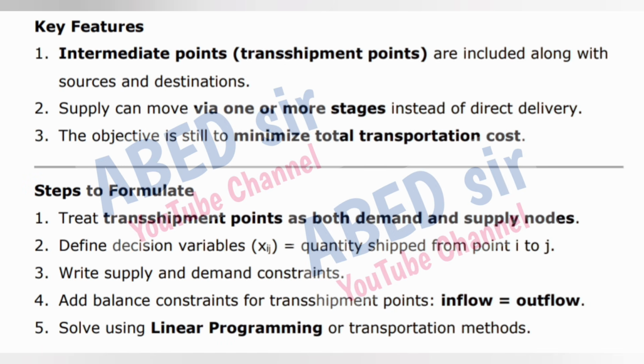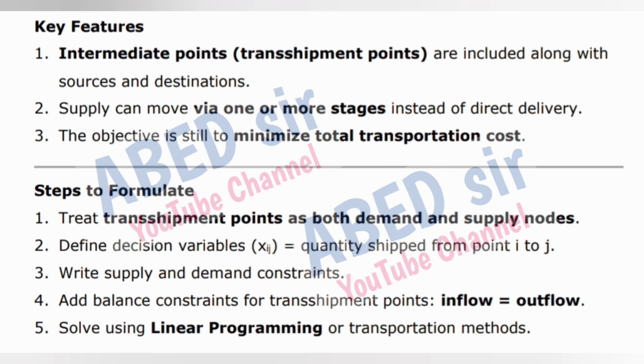Key features. 1. Intermediate points, transshipment points, are included along with sources and destinations. 2. Supply can move via one or more stages instead of direct delivery. 3. The objective is still to minimize total transportation cost. Steps to formulate. 1.